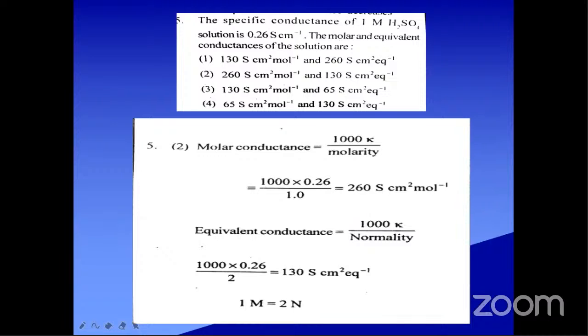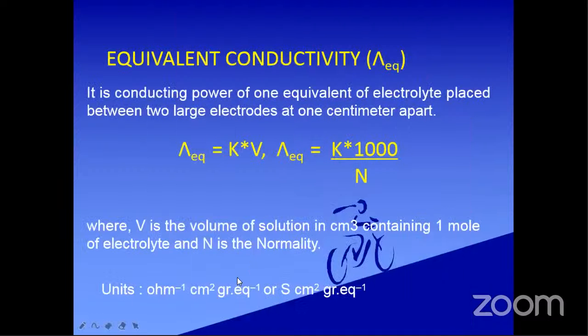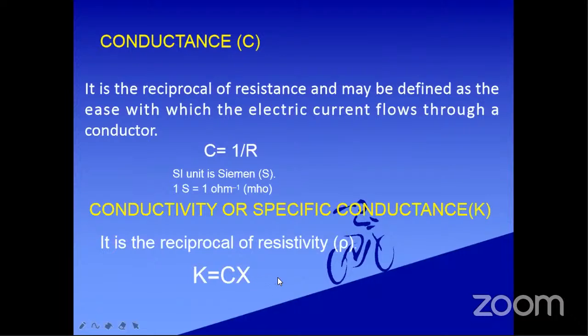In this problem, I have not given the resistance, conductance, and cell constant, but that is also important here. Cell constant equals L by A, where L is length and A is the area of cross section. What are the units?